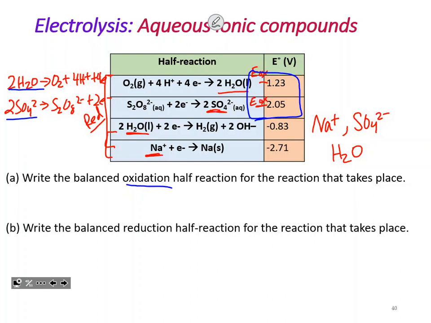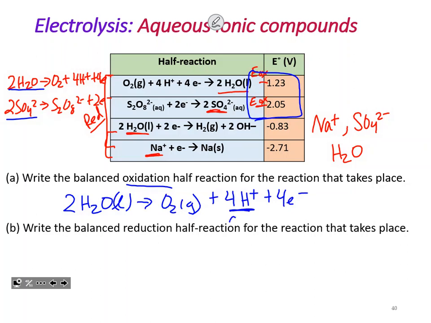Yes, so the water. That's what we would write out here. This is the one that's going to take place in the reaction. And don't forget, this is a little acidic.